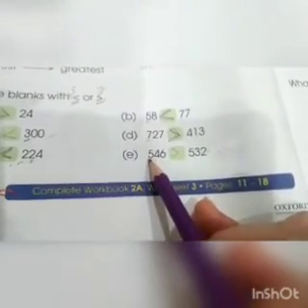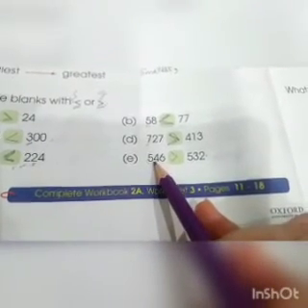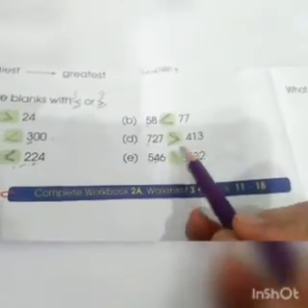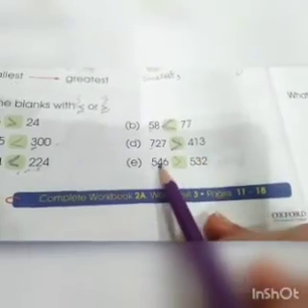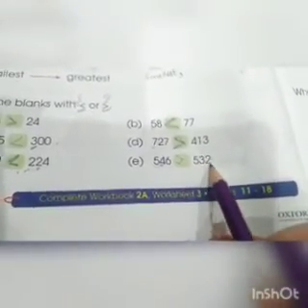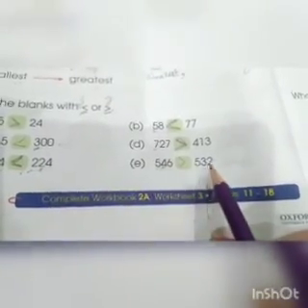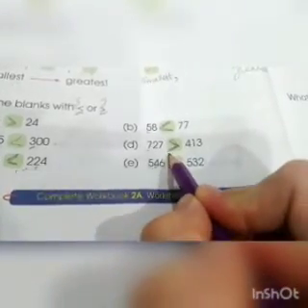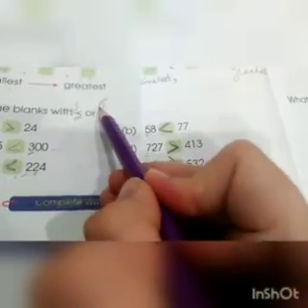If the numbers on the hundreds place are the same, then we compare the numbers on the tens place. 4 tens and 3 tens. 4 tens is greater than 3 tens. 546 is greater than 532. Class, this sign is used for greater than.